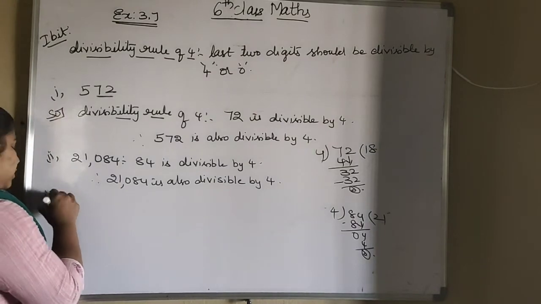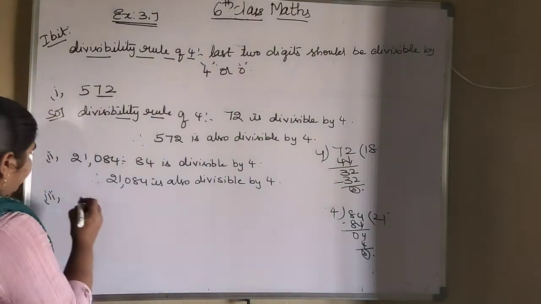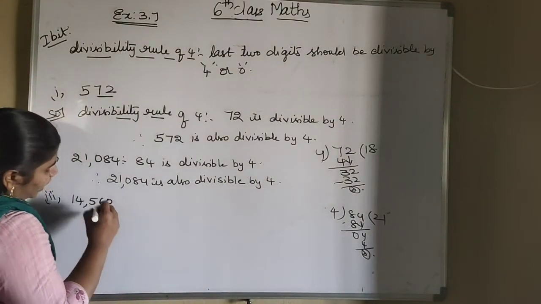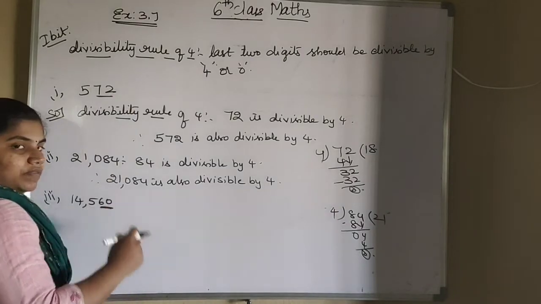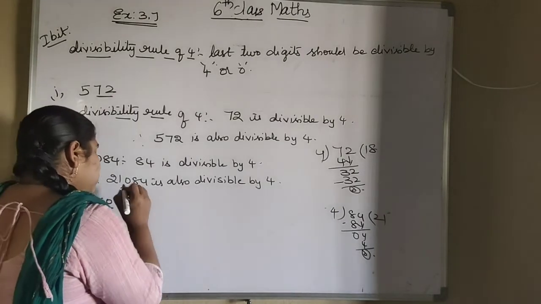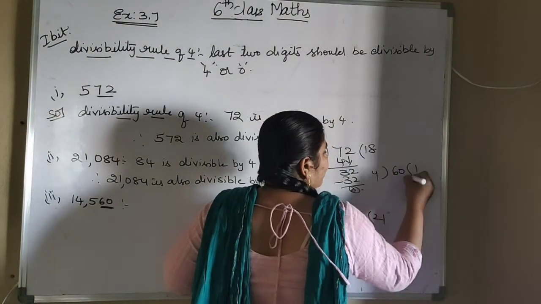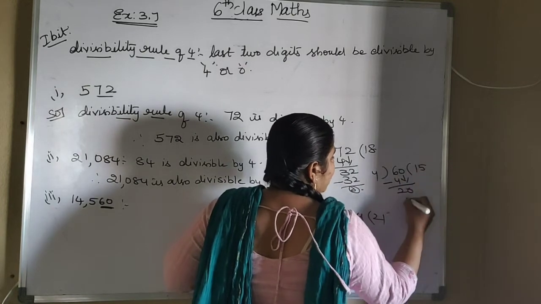Next is the third one. What is the third question? 14,560. If this 60 is divisible by 4, the whole number will also be divisible. So we take 60 now and divide it by 4. 4 ones are 4, 4 fives are 20.